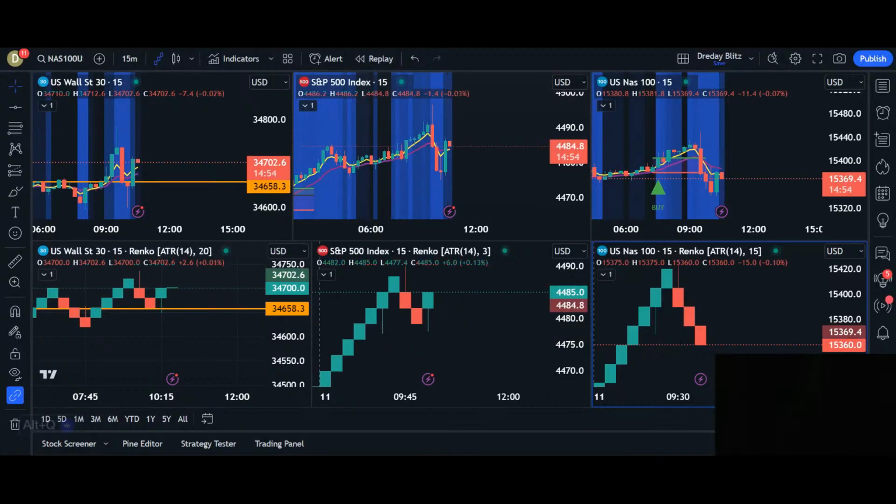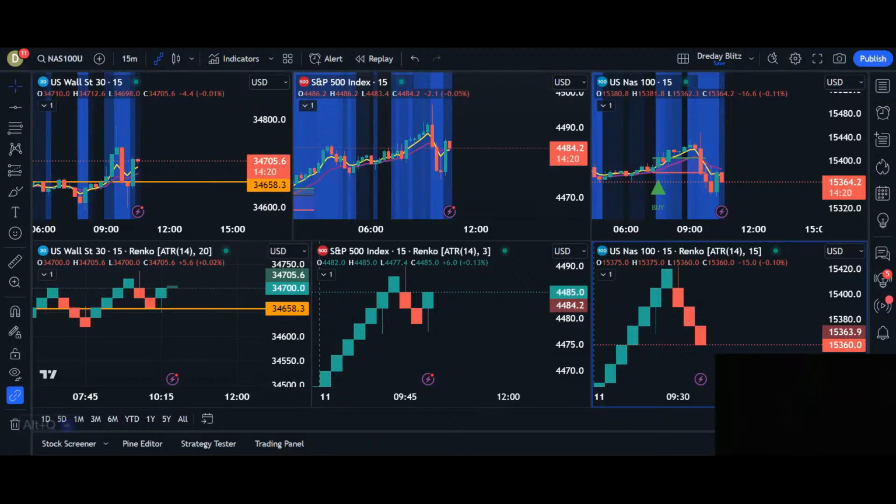Right now we're looking at S&P 500. The Renko bar did reverse, so we're looking for longs right now. The Nasdaq is still showing bearish, but the next Renko bar is not fully formed.